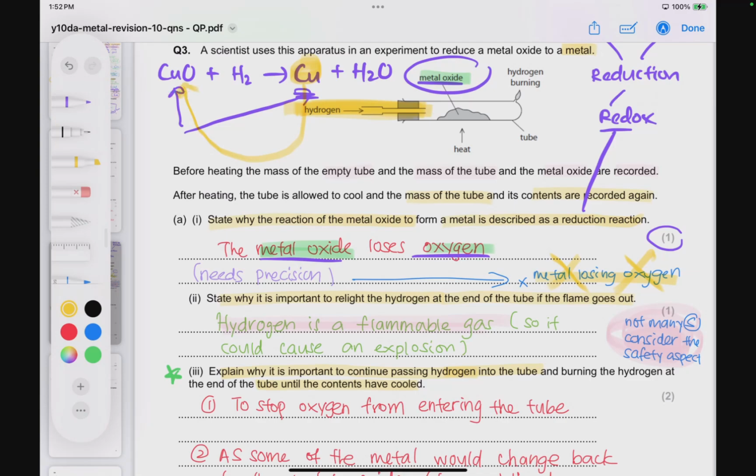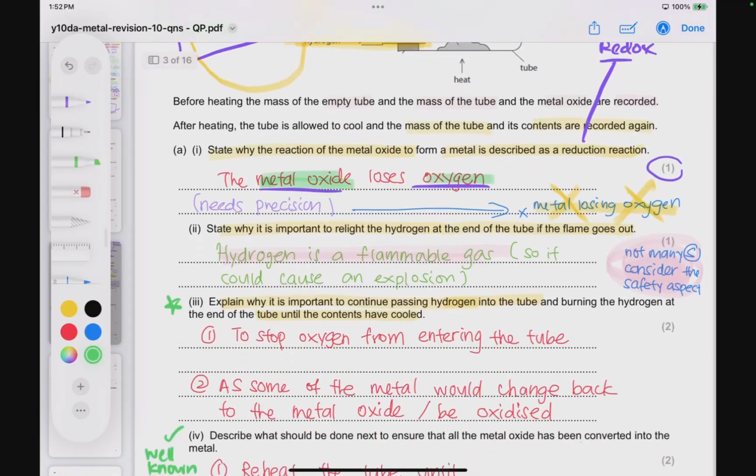You want to make sure that while the metal is being cooled, there is no other air coming in contact with it. So the idea here is to stop the oxygen from the surroundings from entering the tube. Why do we not want oxygen to enter the tube?